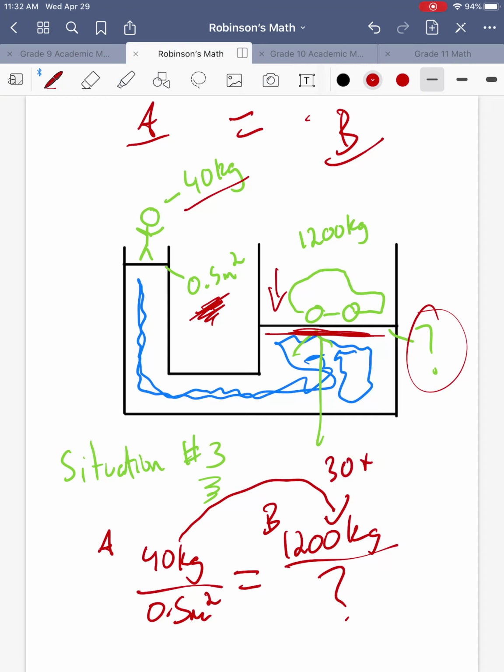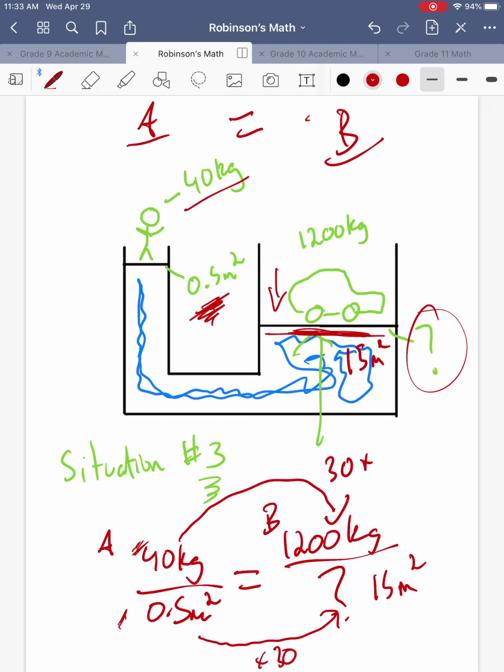And so if I multiply the 40 by 30, I get 1,200 kilograms. Whatever you do to the top, you must do to the bottom. So if I multiply the bottom by 30, half of 30 is 15 meters squared. So the answer, or the lie, is that this platform is 15 meters squared.